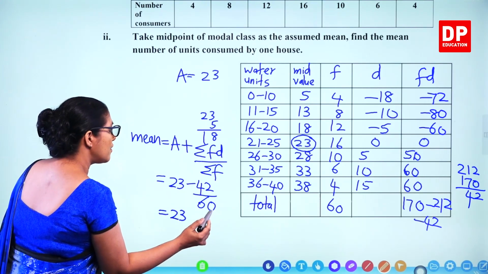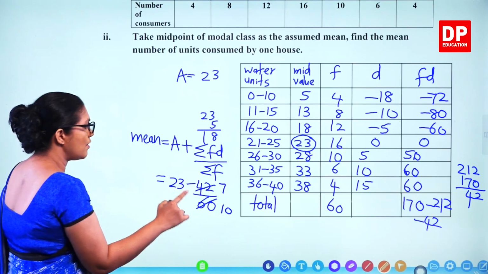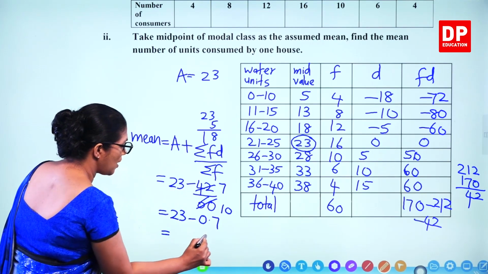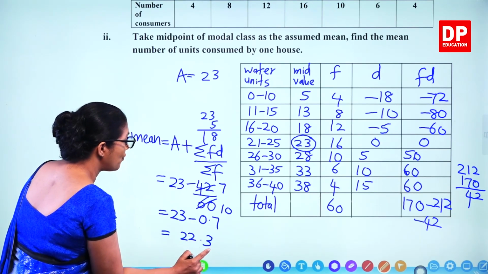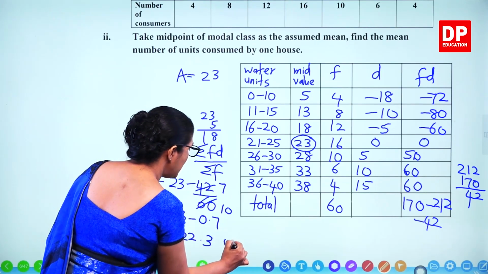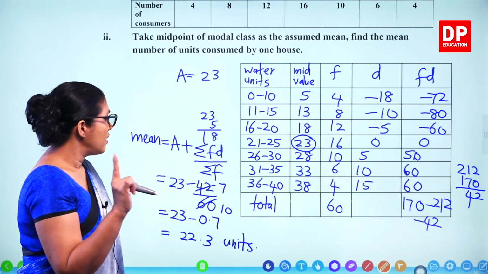You can divide by 6. This is 10 and 7. 7 over 10 means 0.7. So when you subtract, you get 22.3. That's the mean number of units consumed by one house.